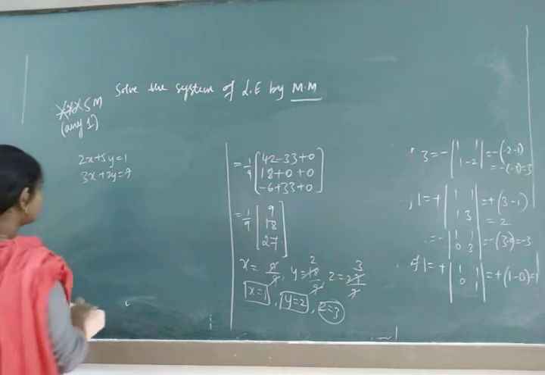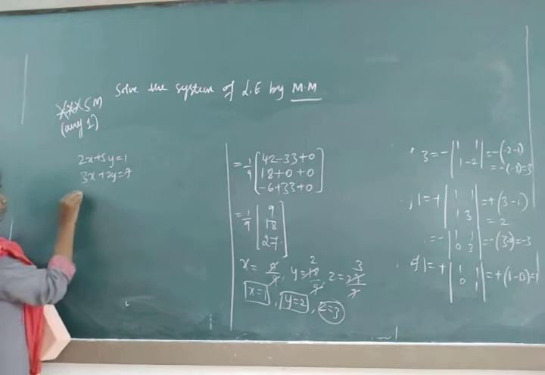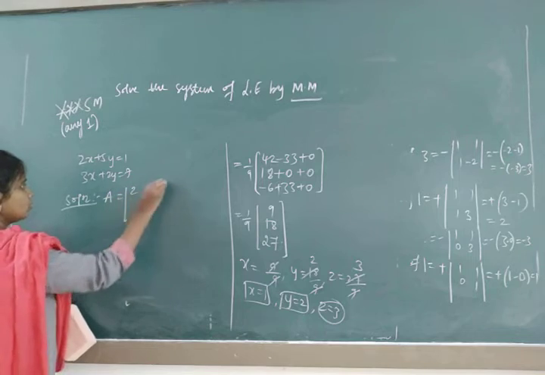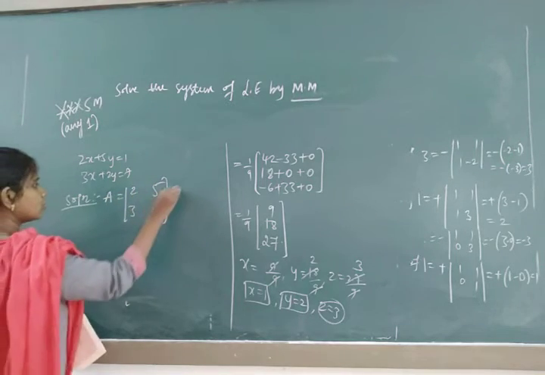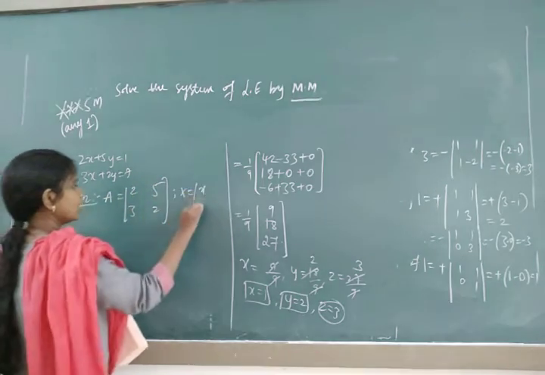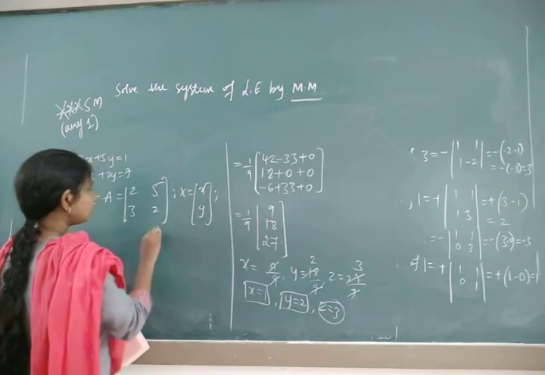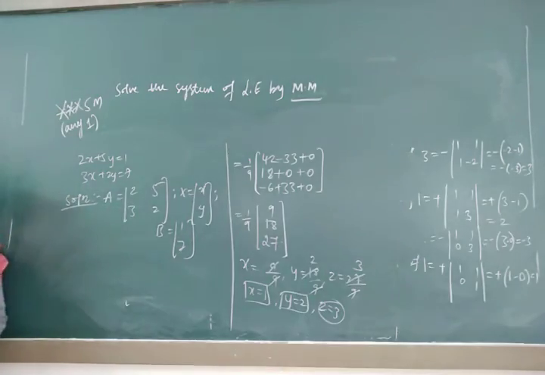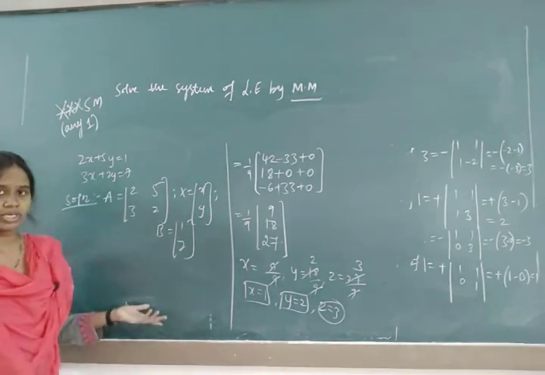Now first of all what we will do, we will write in a matrix form: 2 5 3 2, next x y, next the b value as 1 7. Next, you just write the formula.